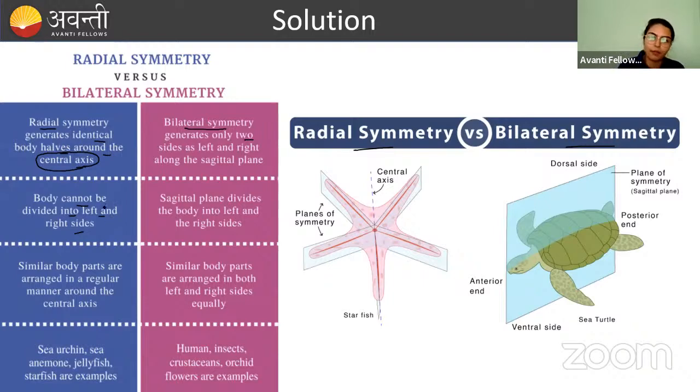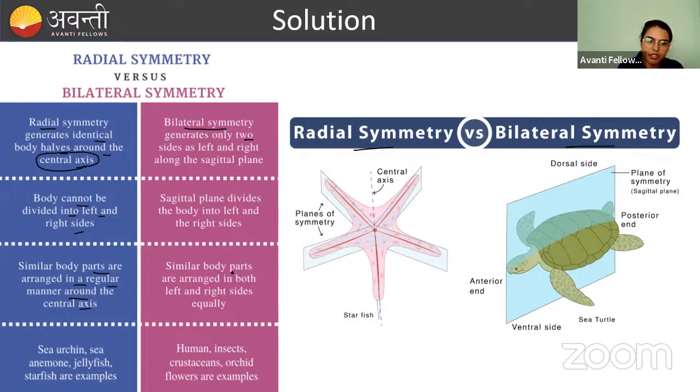But in radial symmetry, you will not find left or right, but you will get equal halves. Similar body parts are arranged in a regular manner around the central axis, just like this.